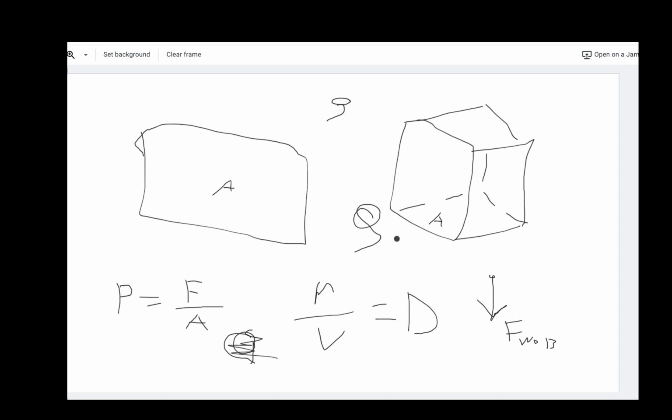Now, for the second equation, let's go back to our box example, right? We have this water pressing down, right? Obviously, the height of the water is going to matter, because more water, more mass, bigger force, right?